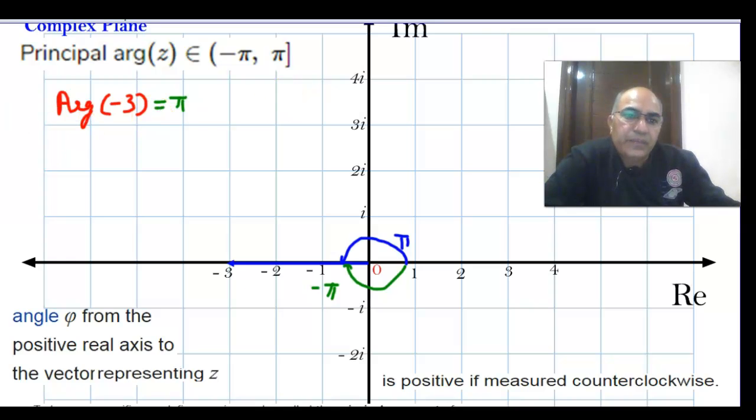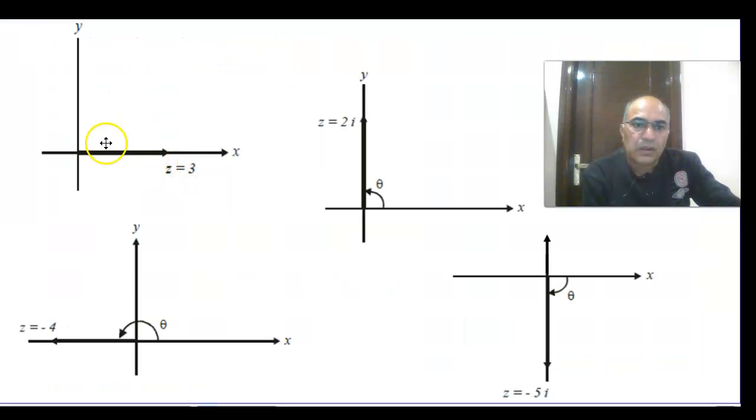Let us take some more examples. Z is equal to 3 is represented here. It makes angle of 0 with the positive real axis, so its principal argument is 0. 2 iota is here.